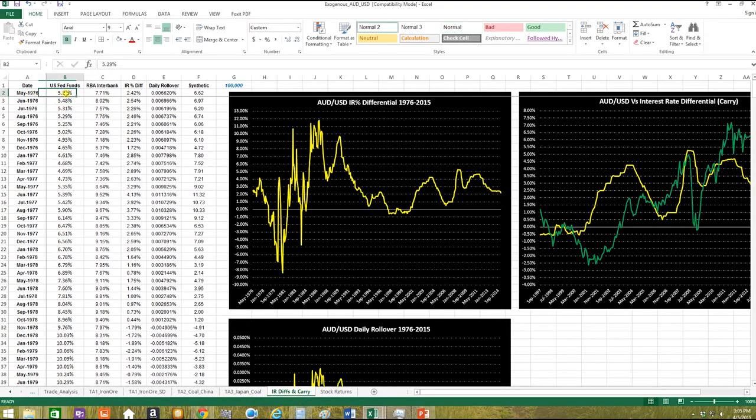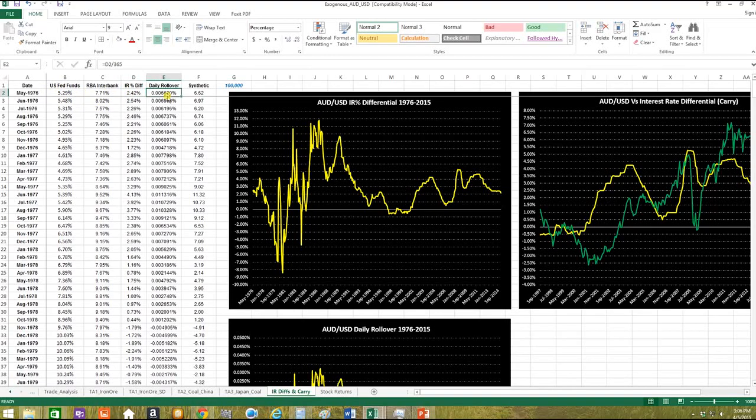And what we have here is our date going up by months. We have our US Fed funds rate data, which we've downloaded. We have our RBA interbank rate data. We have our interest rate differential, which is column C minus column B, so the RBA interbank rate minus the US Fed funds rate.